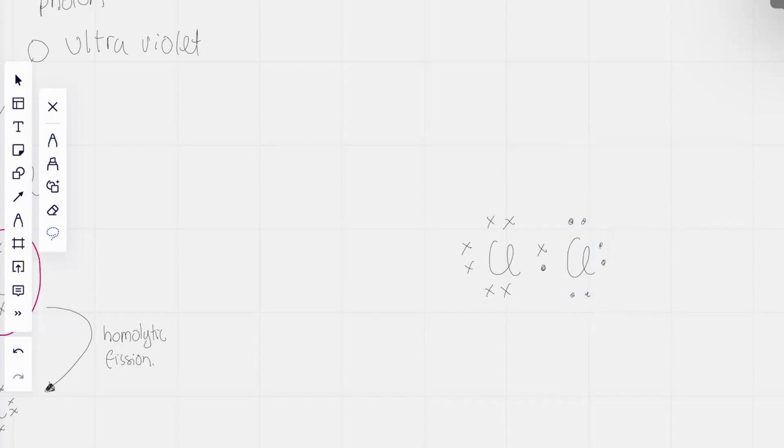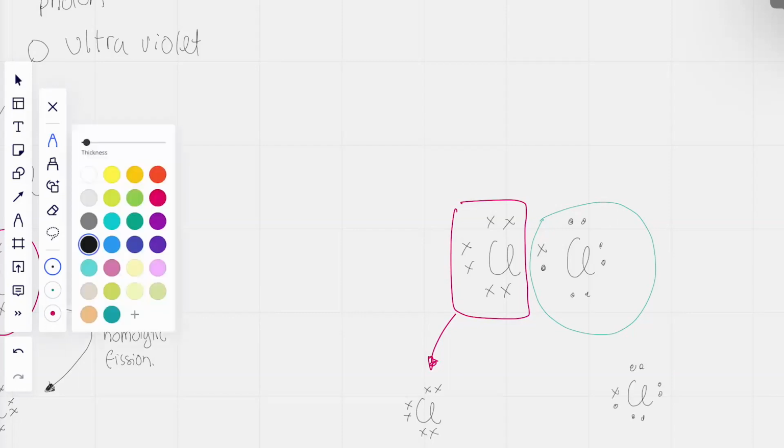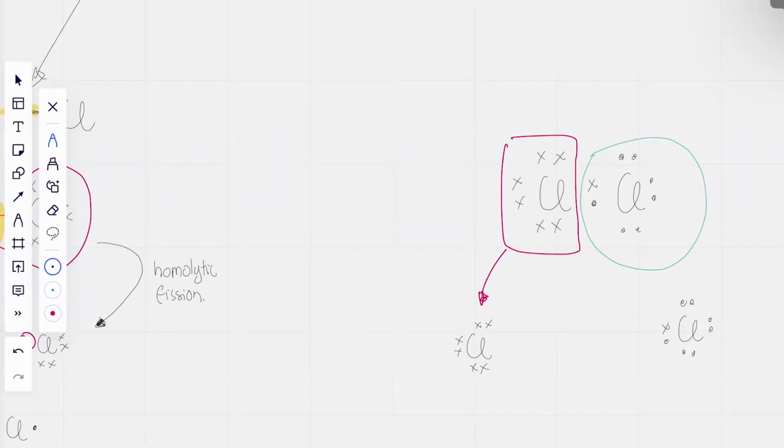They break up, and the way they break up, one side takes the electron in the bond. So they break up. This one will be, for a short while, like this. Then will you have charge here? Yes. This one you call Cl plus, and this is Cl minus.